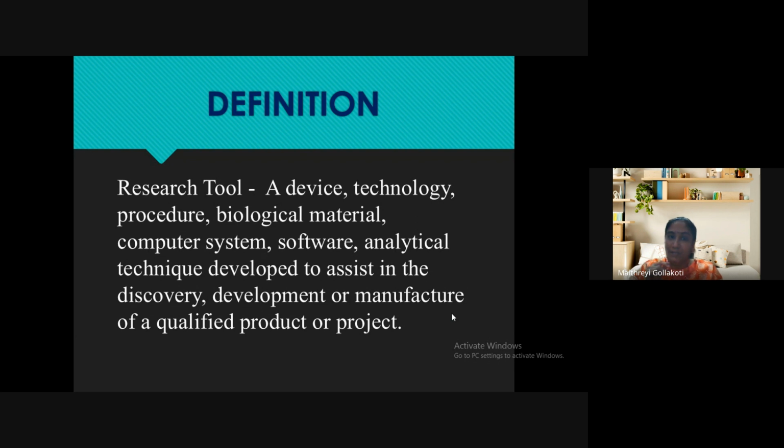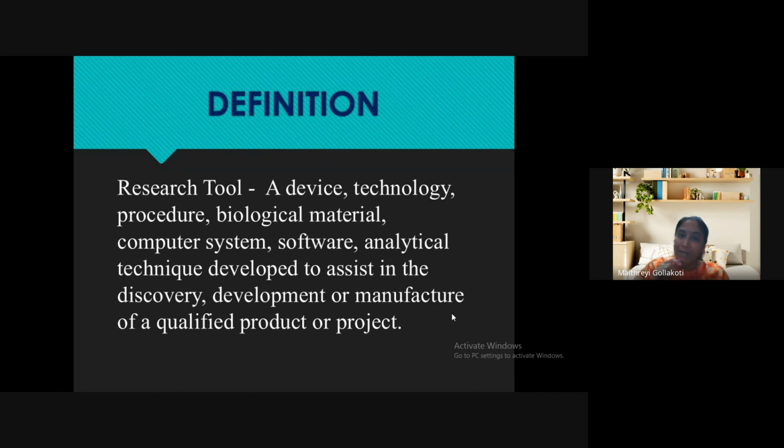Now, research tool is actually a device, technology, procedure, biological material, computer system, software, analytical technique. So many tools are there, isn't it? Sometimes research tool can be a device. I'm conducting a survey, for example. So then I use telephone. So that's a device.